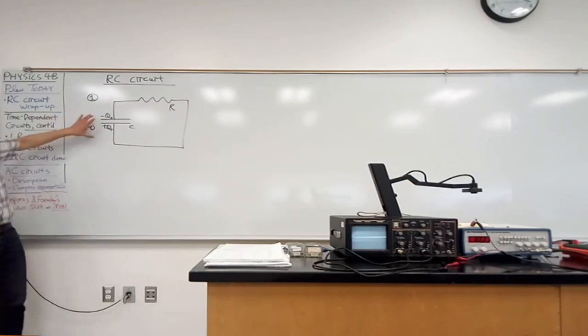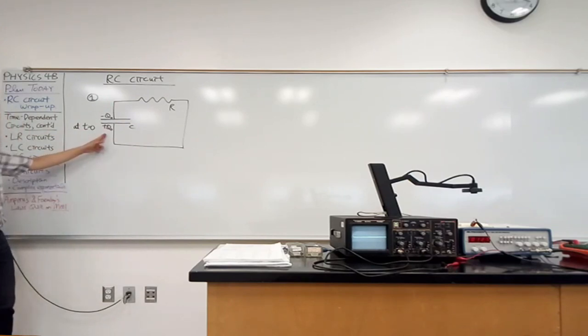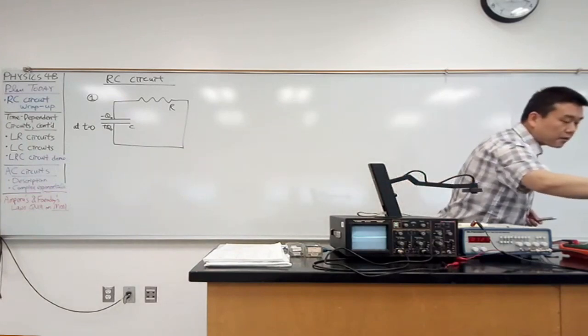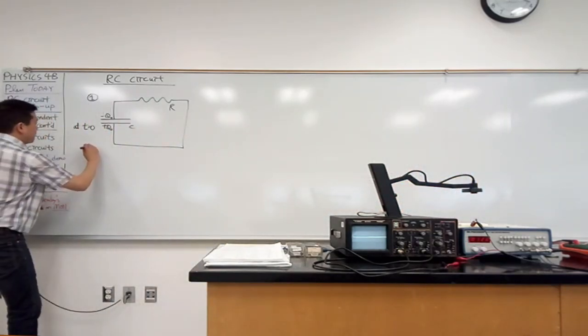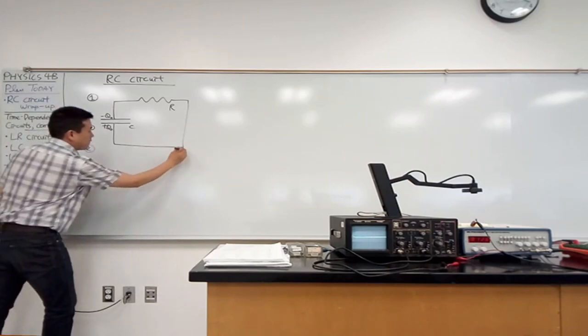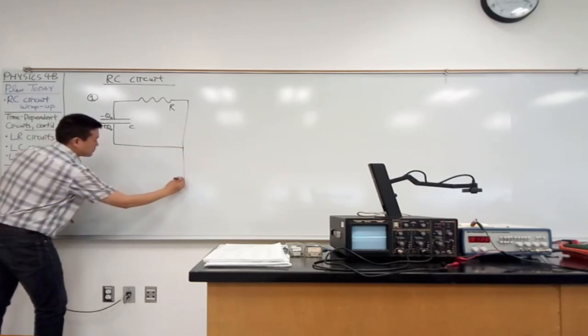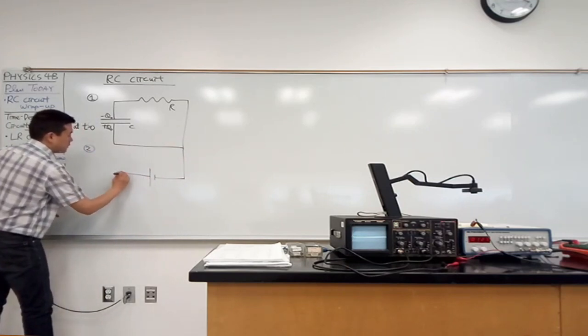And let me actually combine this with the second type of circuit. The second type of circuit is a circuit that you needed to make this happen in the first place. Let me do that in a slightly different color. So the second circuit would be if I have, let's say, a battery hooked up here. I want to hook it up so that this end is negative, this end is positive.